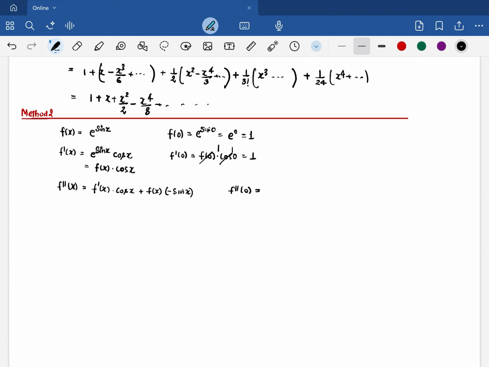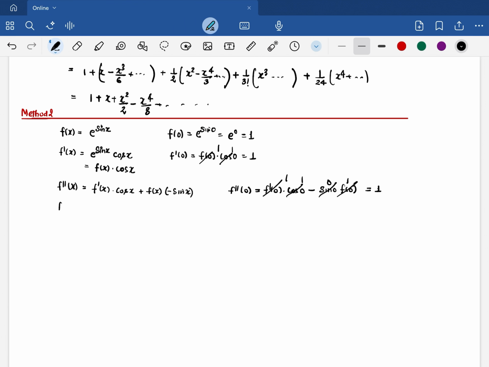Can we say the answer is f dash 0 into cos of 0 minus sin of 0 into f of 0. So f dash 0 is 1, cos 0 is 1, sin 0 is 0, f of 0 is 1. So the answer is 1 again.